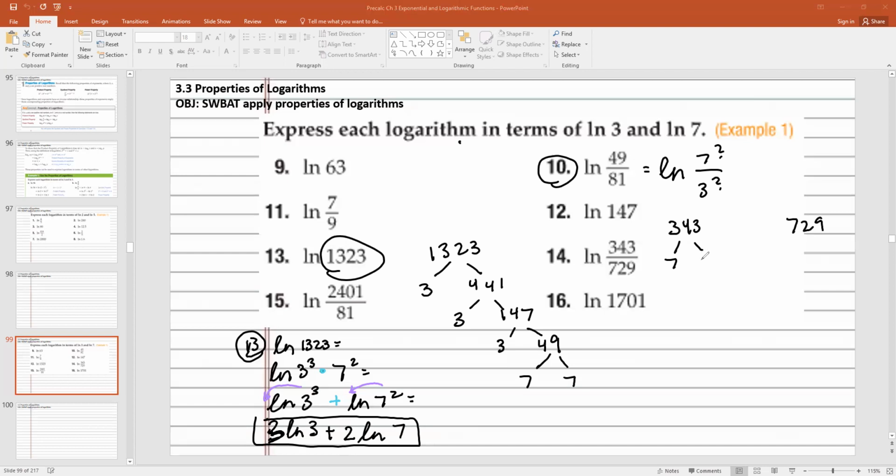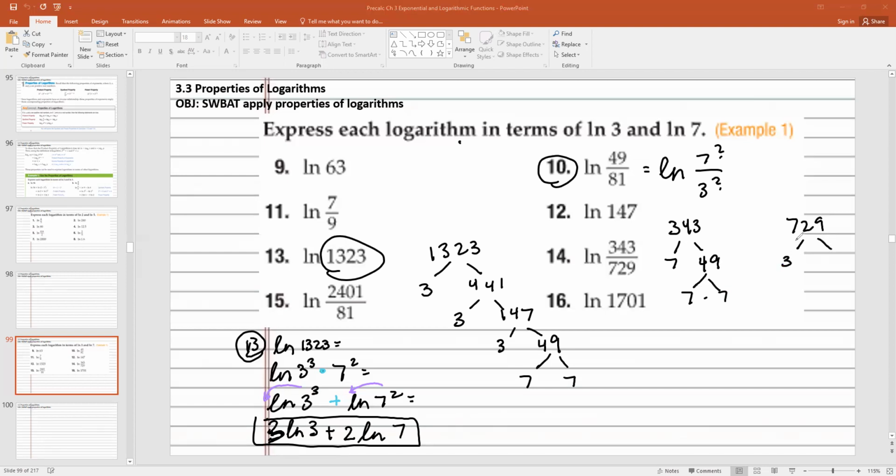It's almost 5, so it's going to be 4 times. So 34 minus 28 is going to give us 6. And so 63. 63 divided by 7 is 9. And there we go. 7 times 7. Ta-da!